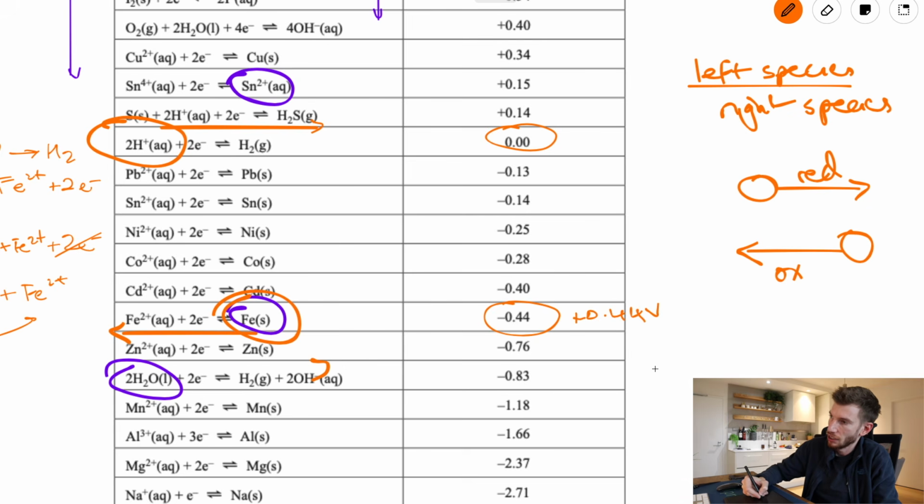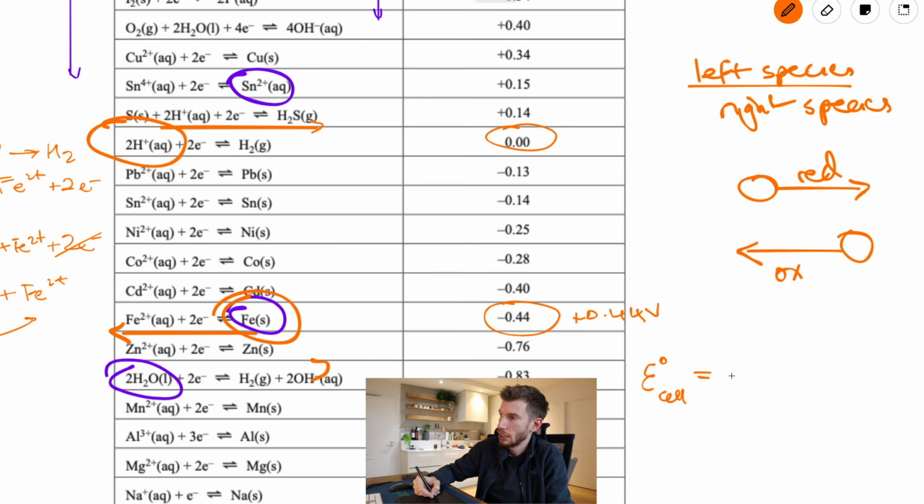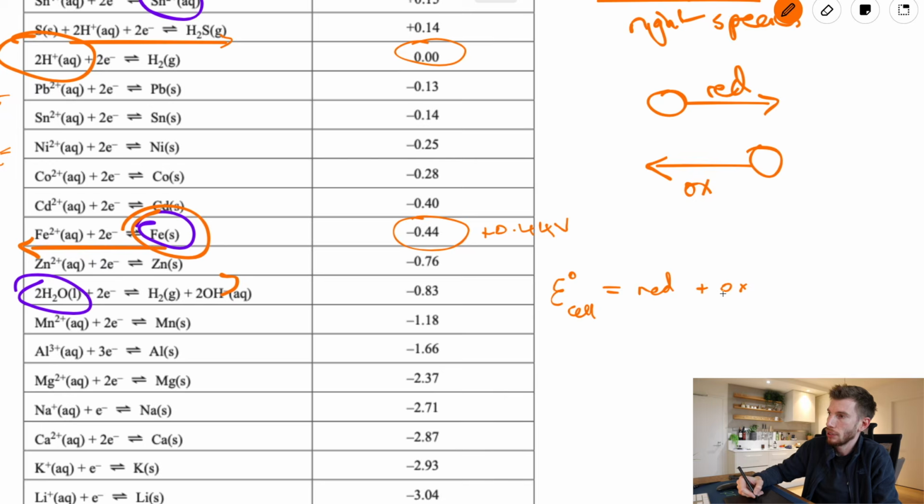And so therefore, the potential of the whole cell, of the whole reaction, is reduction plus oxidation. Now this is where sometimes different textbooks explain things in different ways. I'm going to say plus, assuming that you've already flipped the sign on the reverse reaction. So that would be 0.00 plus a positive 0.44. And that gives us a positive 0.44 volts, like that, right?